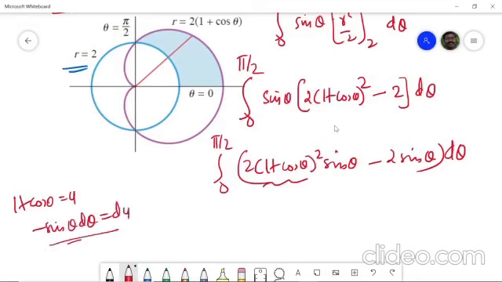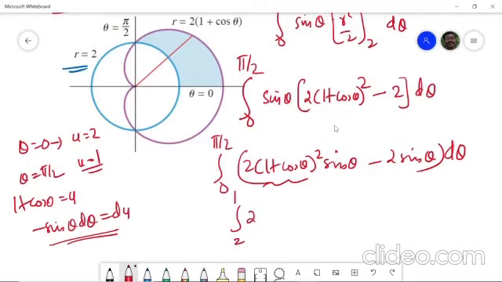When theta is equal to 0, u will be 2, and when theta is equal to pi by 2, u will be 1, right? So this will be the integral from 2 to 1.